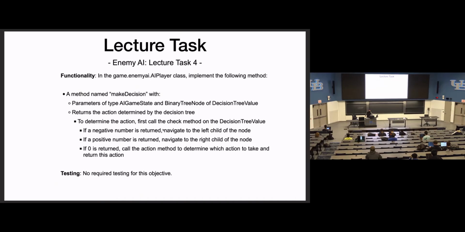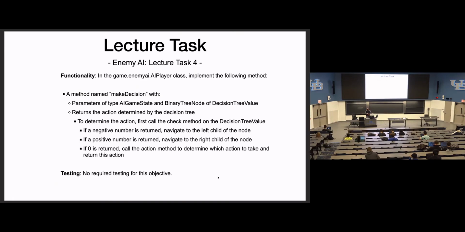And we have this make decision method, which is going to take a tree of decision tree values, which are going to decide how the enemy is going to behave. So each node is going to have a decision to make, whether that node controls what the AI is going to do, or if the action that the AI is going to take is in the left subtree or in the right subtree for the action of that player.